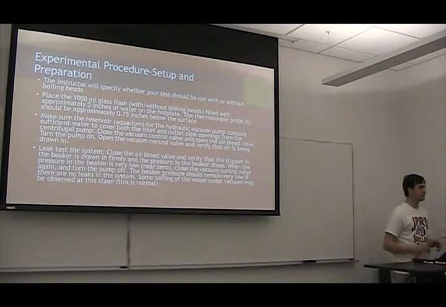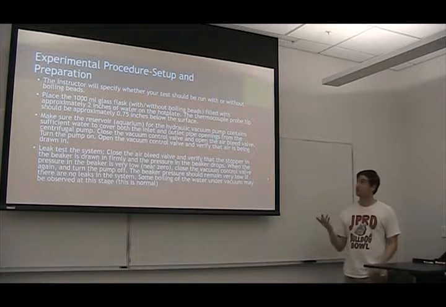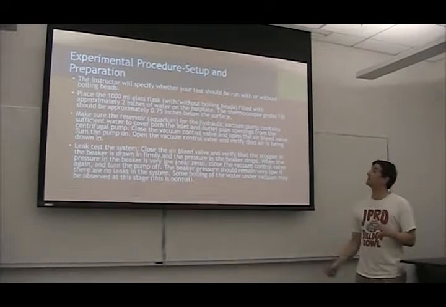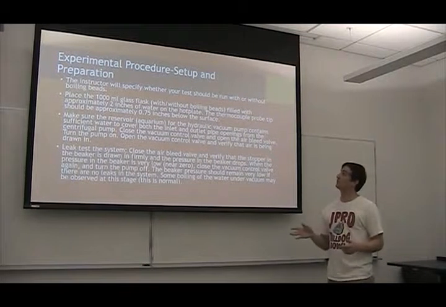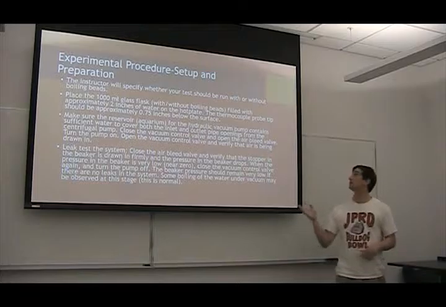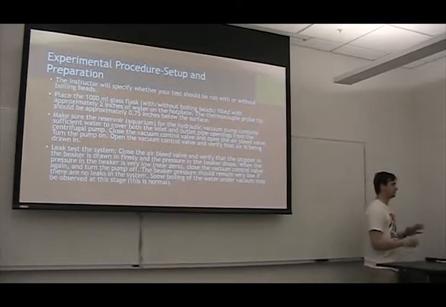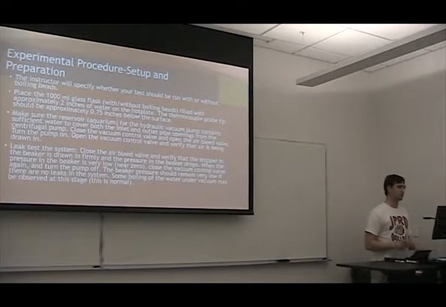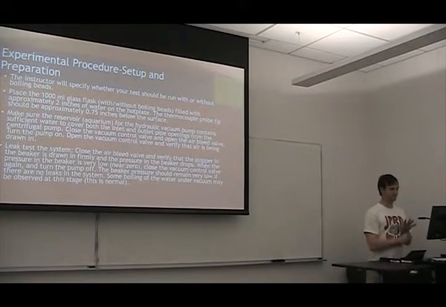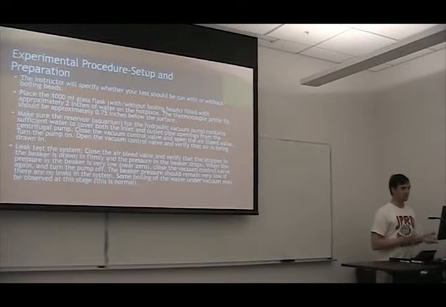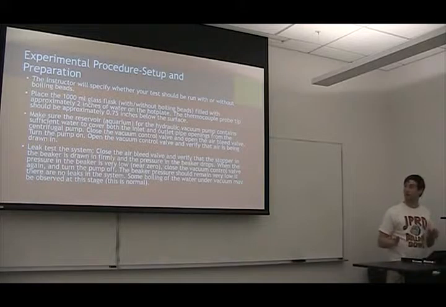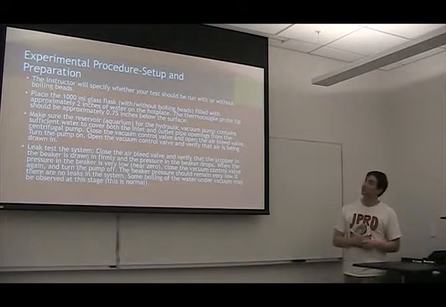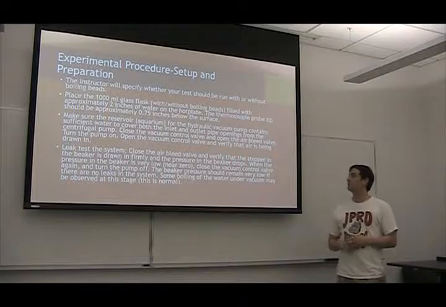And then the instructor is going to let us know whether we test with or without boiling beads. And then we're going to place the flask filled with 2 inches of water on the hot plate with the thermocouple. The probe tip is going to be 3/4 inches below the surface, and we're going to make sure the reservoir contains sufficient water to cover the inlet and outlet pump openings, and close the vacuum control valve, and open the air bleed valve, and turn the pump on.